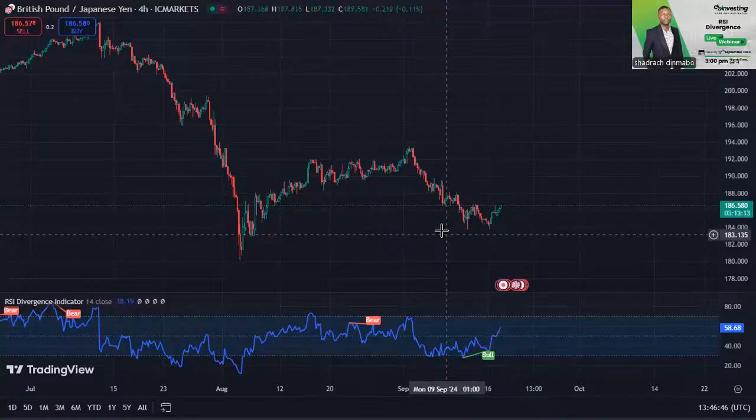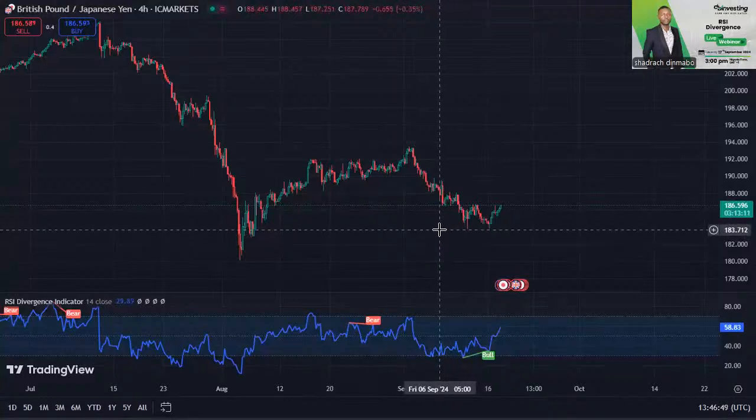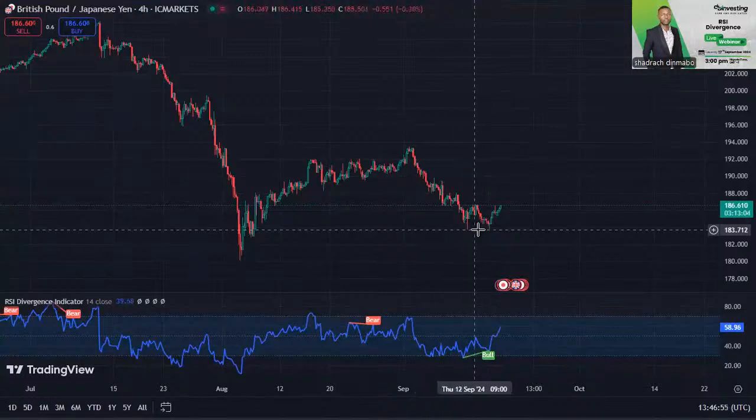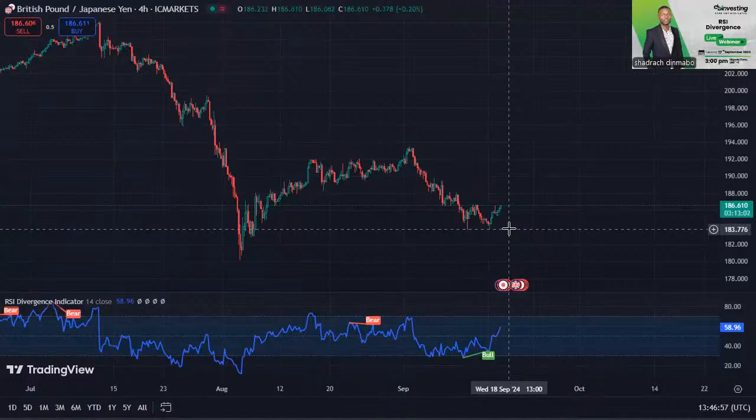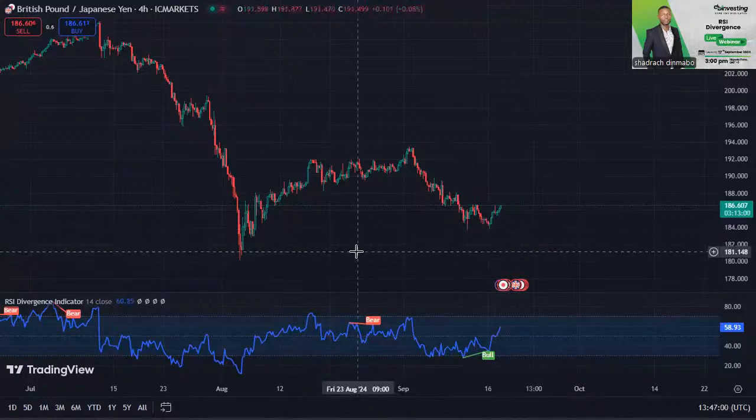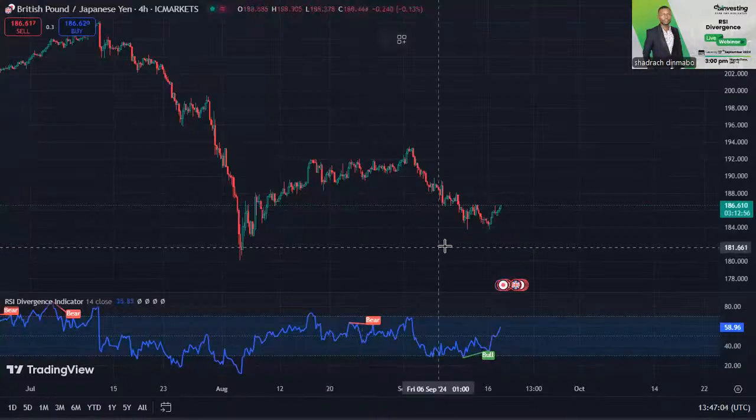Because if you look at the low here, this seems to be a double bottom. Let's look at it. This seems to be a nice one. Let's look at the trend line.